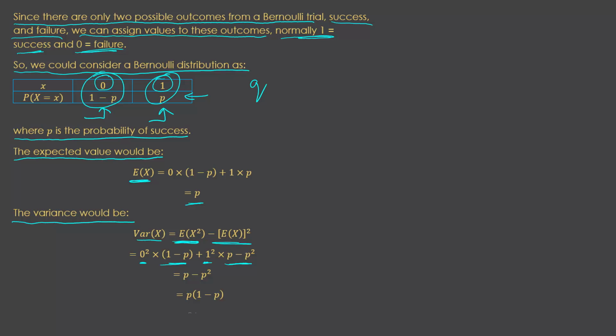Now, let's just look at that just in case it's not immediately obvious. The expectation of x squared is 0 squared times 1 minus p plus 1 squared times p. So that is this part of the expression.